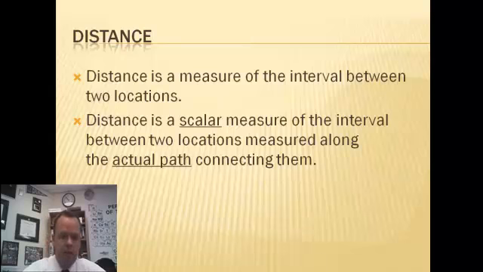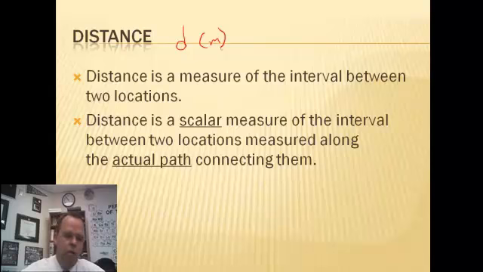Distance was our variable d that we talked about the other day. It's going to be in meters. Distance is the interval between two locations is one simple definition. A very precise definition would be the scalar measure of the interval between two locations measured along the actual path connecting them.